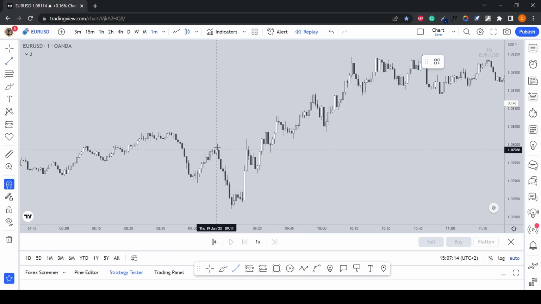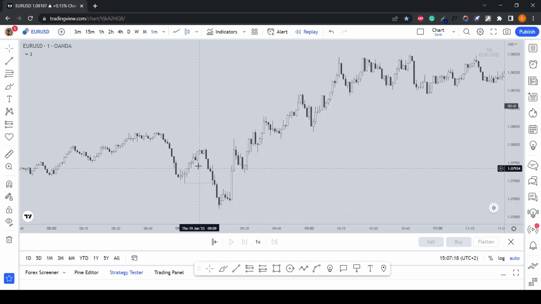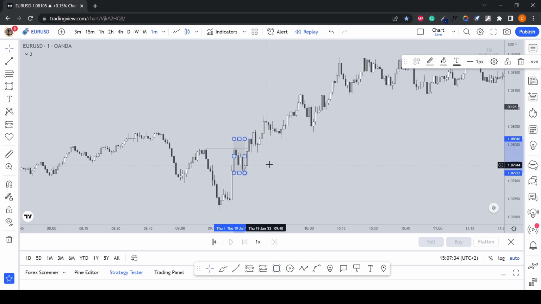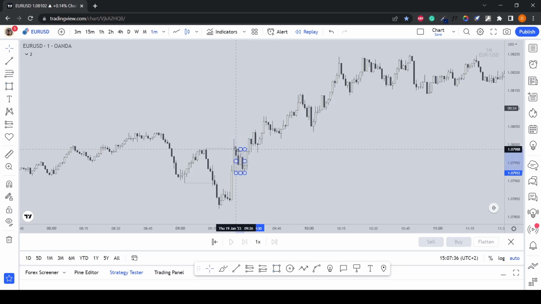What we have here is the market that had a break to the downside, creating this protected high, and then eventually broke it with this up move, creating this SnD.